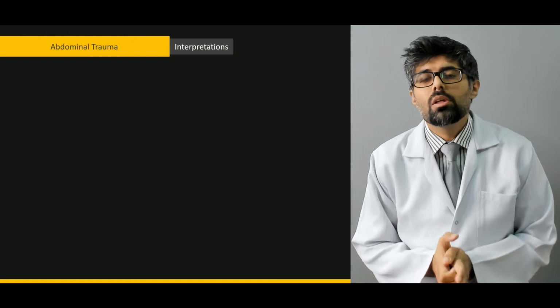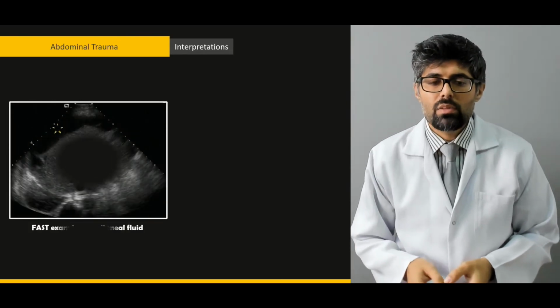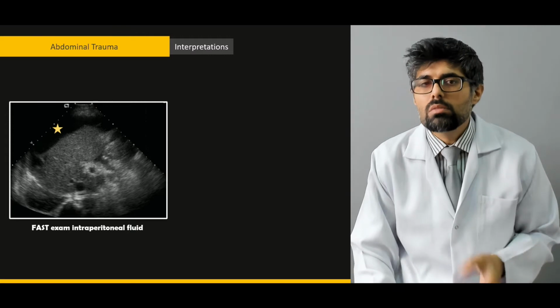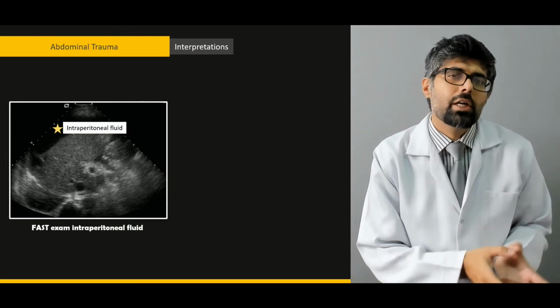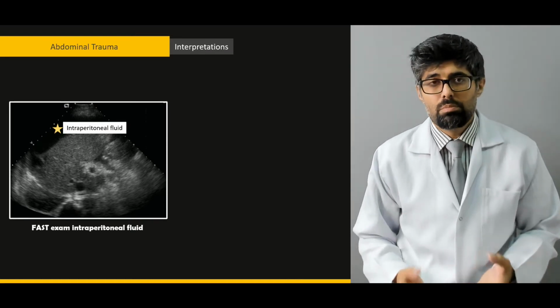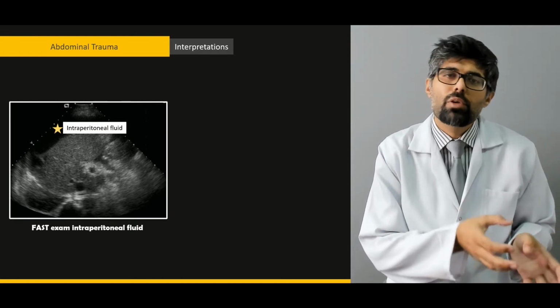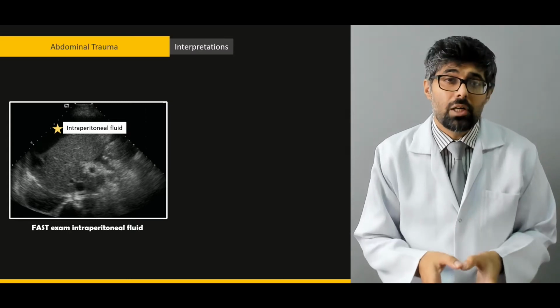Next, for the abdominal trauma, all of these modalities give us certain interpretations. Now, if we have a FAST examination, if there's trauma, it will give us an image of intraperitoneal fluid. Now, after a trauma, blunt or penetrating, if there is evidence of intraperitoneal fluid, it is usually blood.